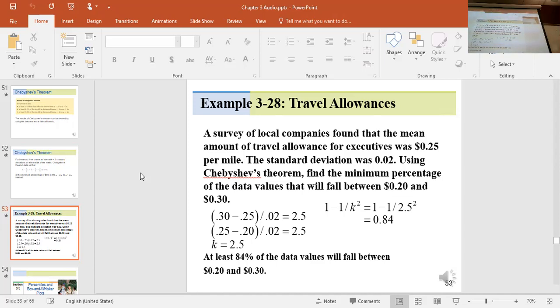So we want k so that x is between 0.2 and 0.3. And the Chebyshev interval is in the form x bar minus 2s, x bar plus.